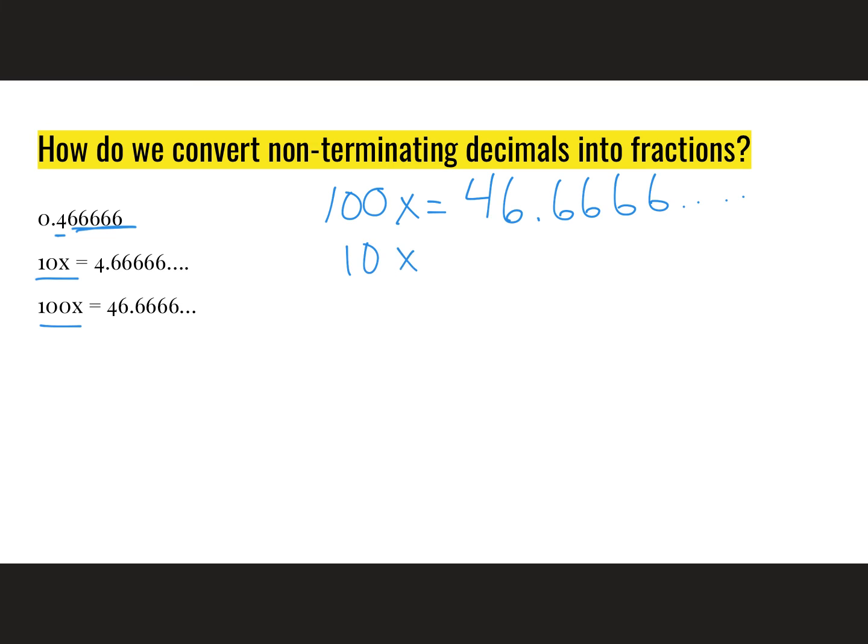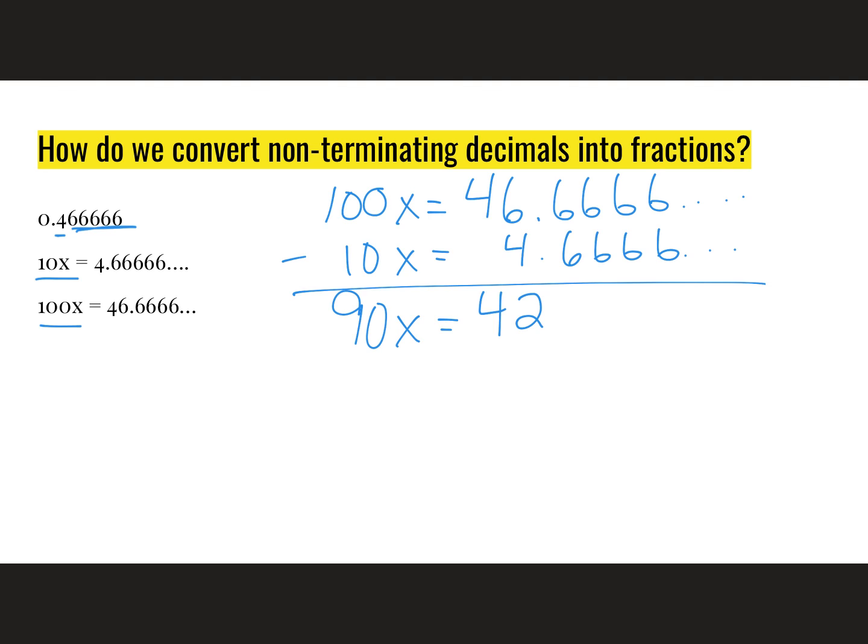And 10x equals 4.6666. Again, I'm just going to subtract. And I get 90x equals 42, because 46 minus 4. So then, again, I'm just going to divide both sides by 90. x equals 42 over 90. Well, those definitely are both divisible by 2. And that gives me 21 over 45.